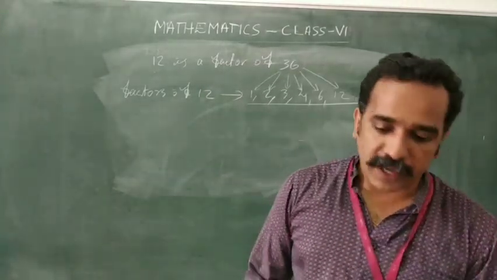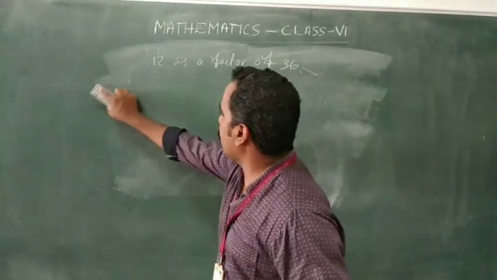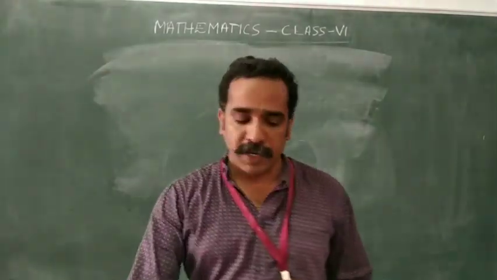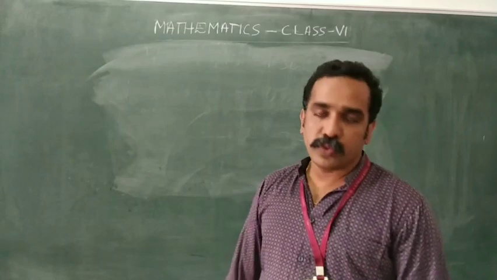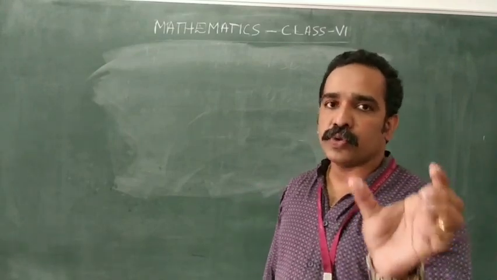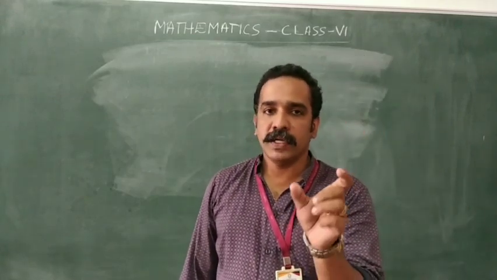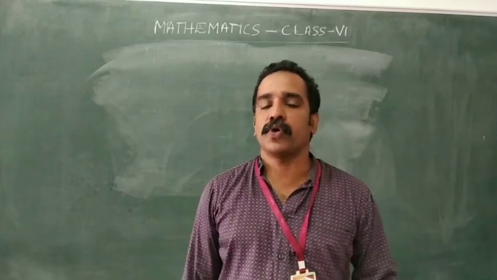And next, another property is, if a number is divisible by two co-prime numbers, then that number is also divisible by the product of those two co-prime numbers.